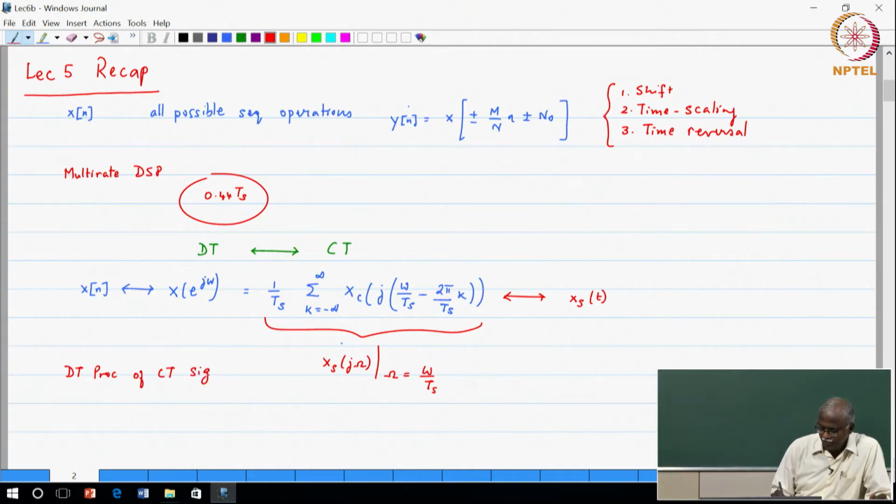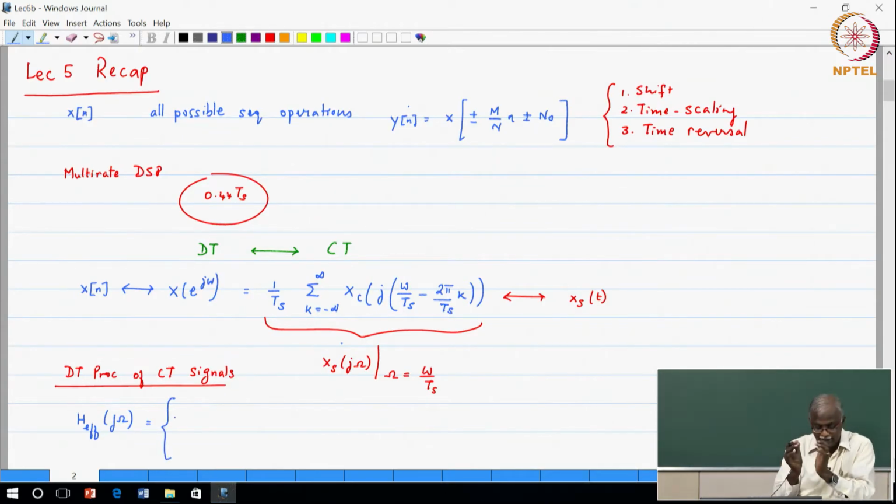We said that if LTI is preserved, that if the overall system is LTI, then we can write down the following result: the input-output relationship of the analog system, with an input continuous-time signal and an output continuous-time signal, can be thought of as having an effective overall transfer function H_effective of j omega, which is related to the discrete-time LTI system sitting inside the processing block.